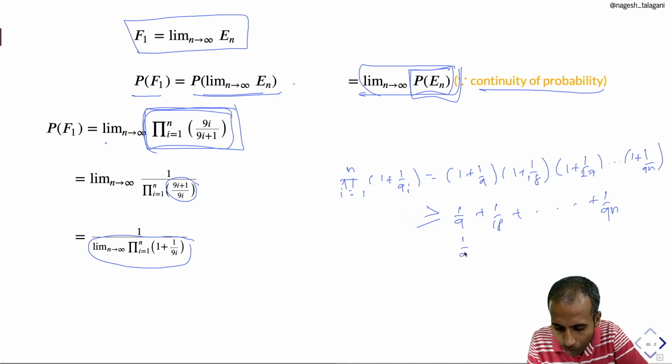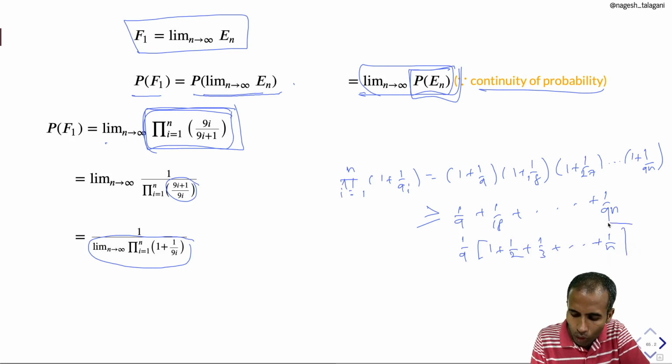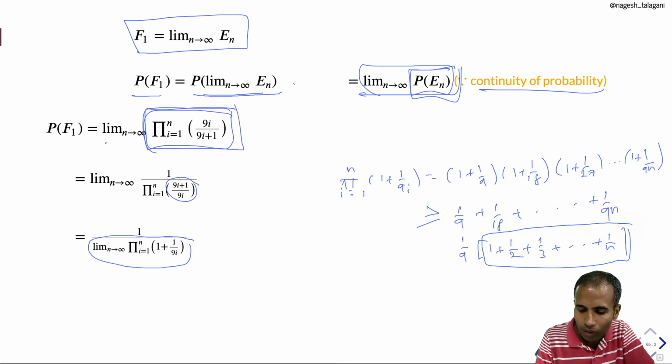If you take 1 by 9 common, 1 plus 1 by 2 plus 1 by 3 plus so on, 1 by n. But now you know that this is the sequence of partial sums of the harmonic series, the sum of 1 by n, n equal to 1 to infinity. This diverges to infinity, right?